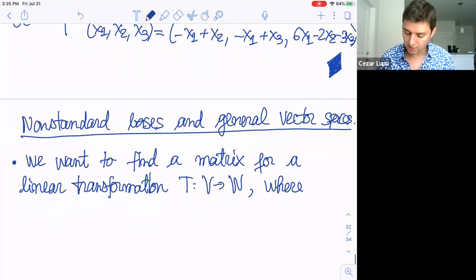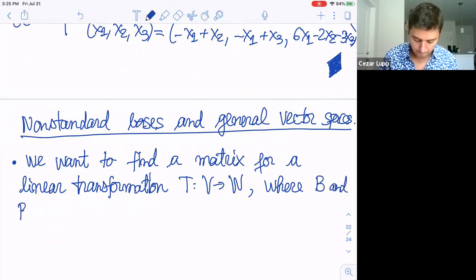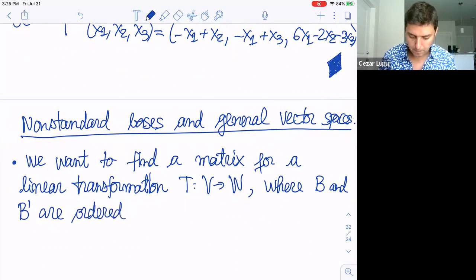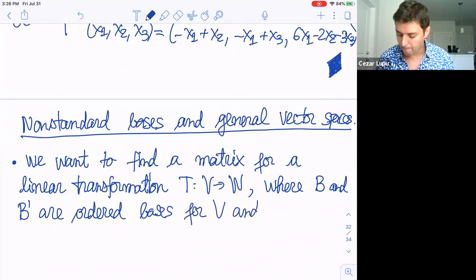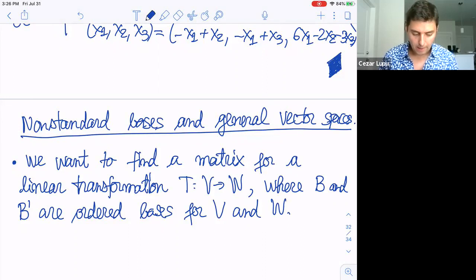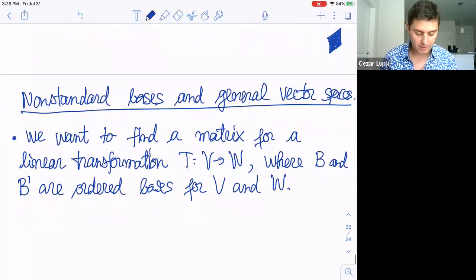where, and in this case, I'll consider two bases, one in each vector space. B and B prime are ordered bases for V and W, right? Okay, and now let me go back to what we said about representing this through the coordinate matrix.